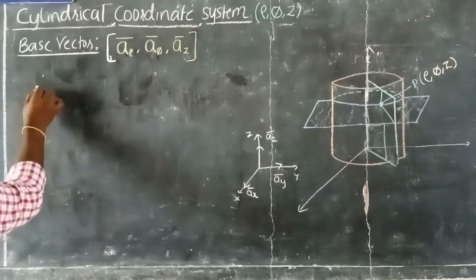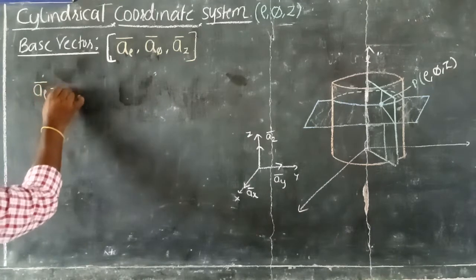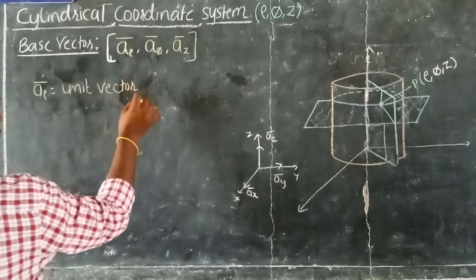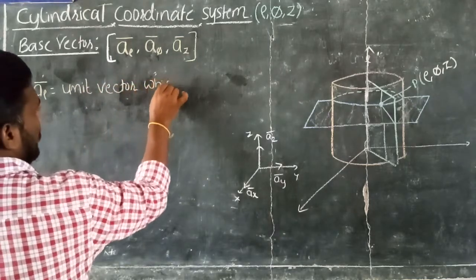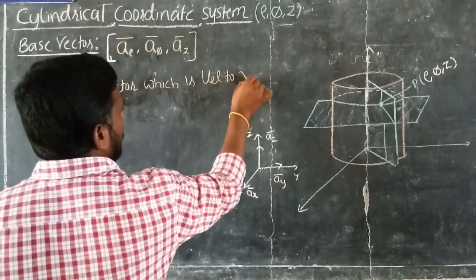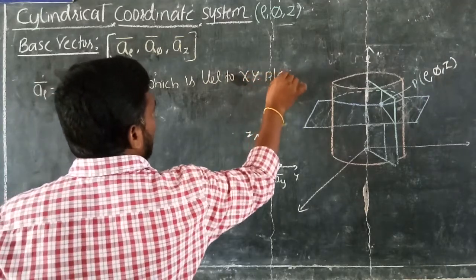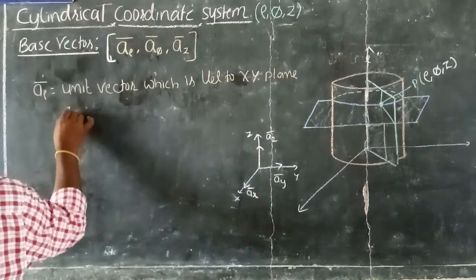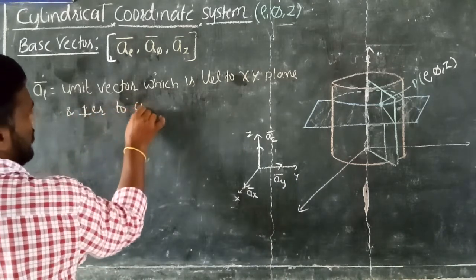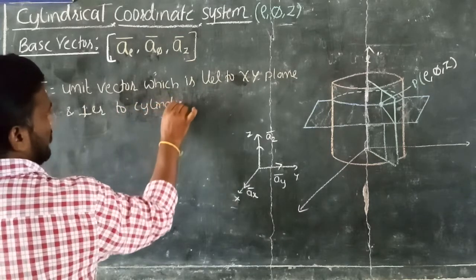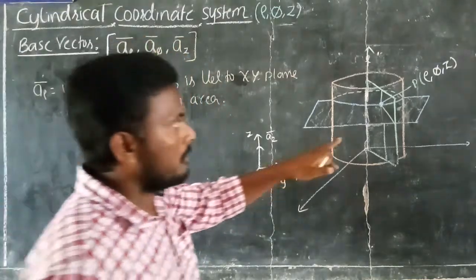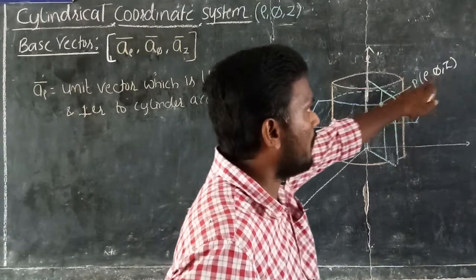Now see, a rho bar is a unit vector which is parallel to the xy plane and perpendicular to the cylinder surface area. This is the meeting point of all three surfaces rho, phi, z.